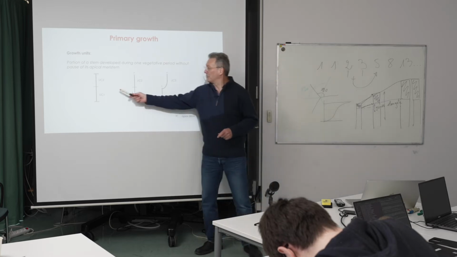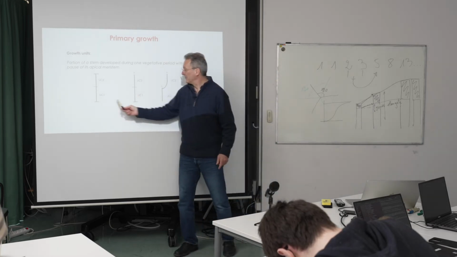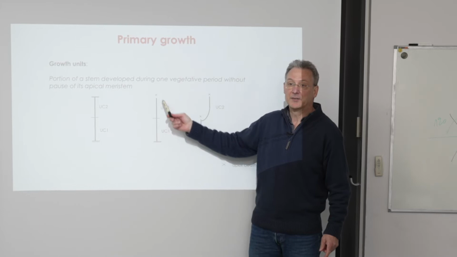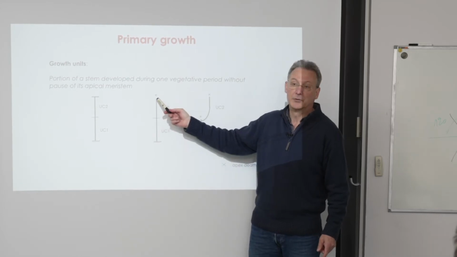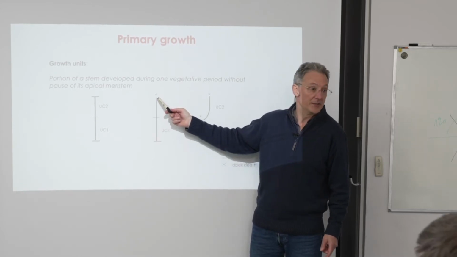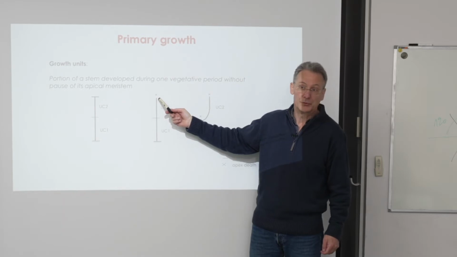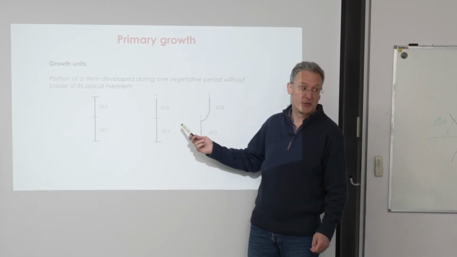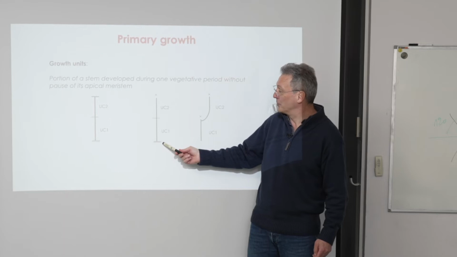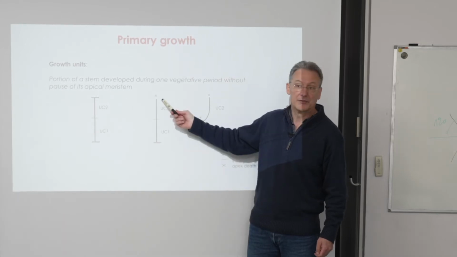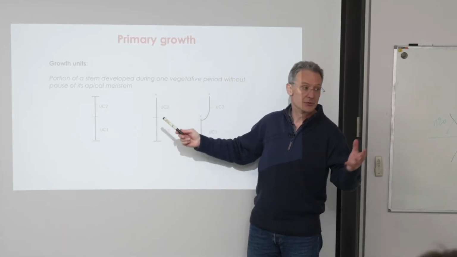So the growth unit can be like this. After the second growth unit, it could be the end of the shoot. So for instance, this is the apricot tree. In the apricot tree, you would have several growth units, and then the shoot dies away.